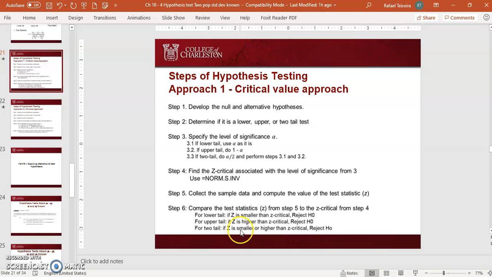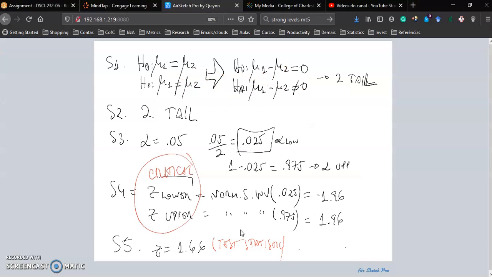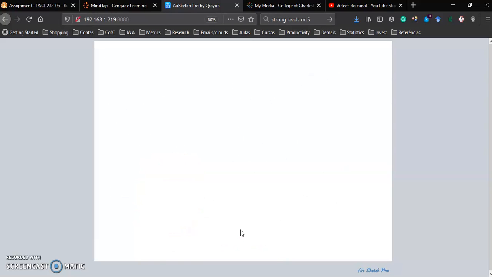So if I come here, step number 6, let's do one more here. Final step, step number 6. It is a two tail. So is z smaller than z critical?